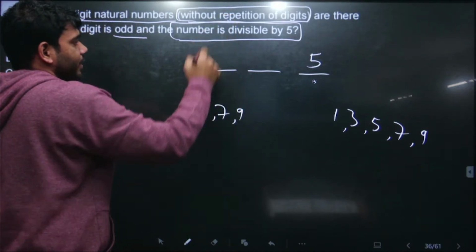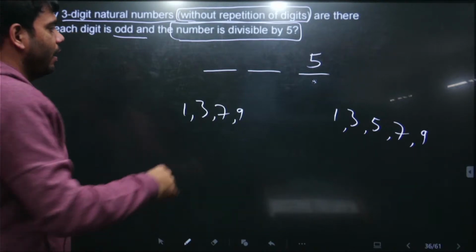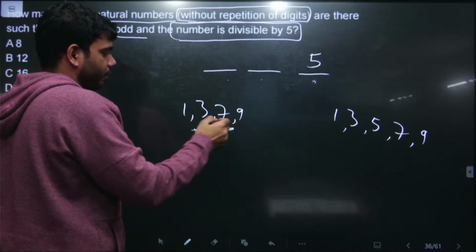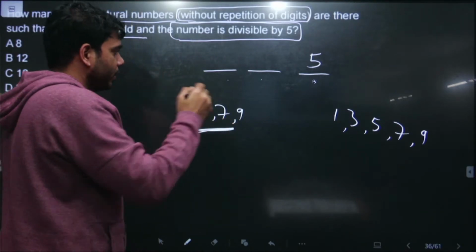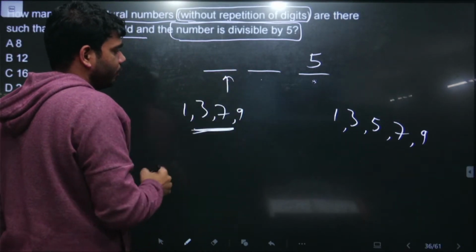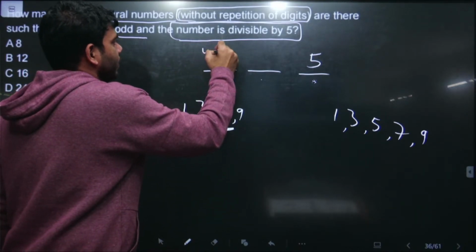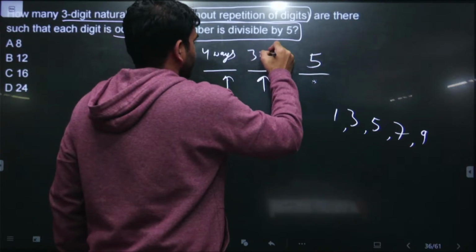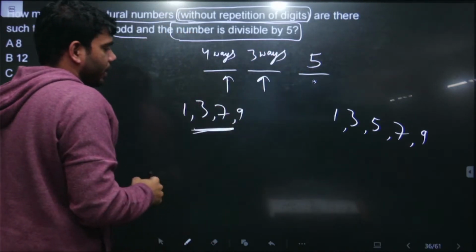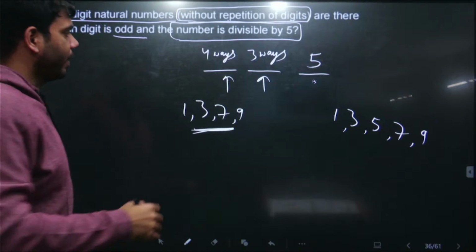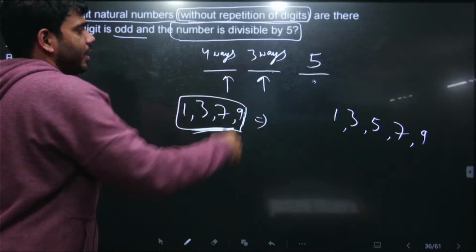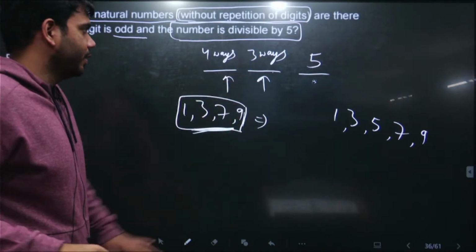Since non-repetition is given, we have to fill these 2 places with these 4 possible digits. So here any one of these 4 can be there. So there are 4 ways to fill this place, and the 10th place can be filled in 3 ways, because if any one of these 4 has been occupied, then we are left with 3 of these 4 digits. So the 10th place can be filled with any one of these 3 digits.